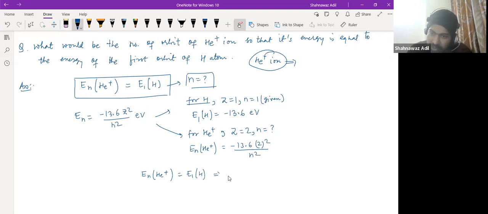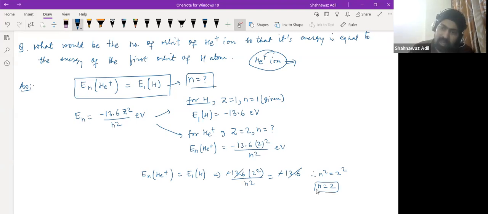So if we put all these values, 2 square divided by n square is equal to 13.6 over 13.6, so the minus signs cancel. So n square would be 2 square. So n would be 2, so the second orbit of the helium ion will have the same energy as that of the first orbit of hydrogen.